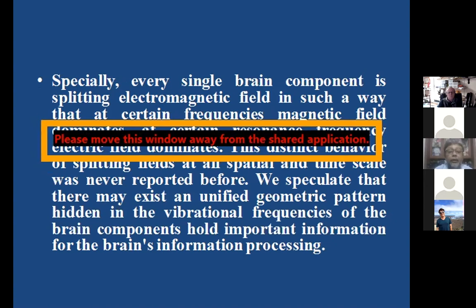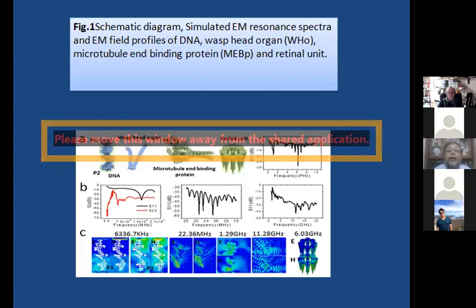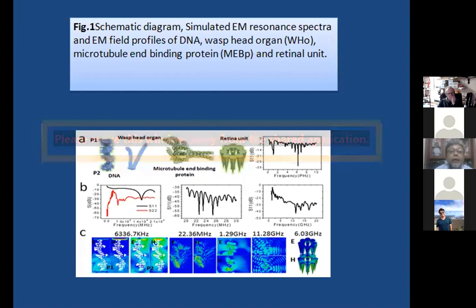So this is the way we are simulating the electromagnetic resonance spectra. You can see the RNA, then the DNA, then the different proteins. We can talk about different proteins.